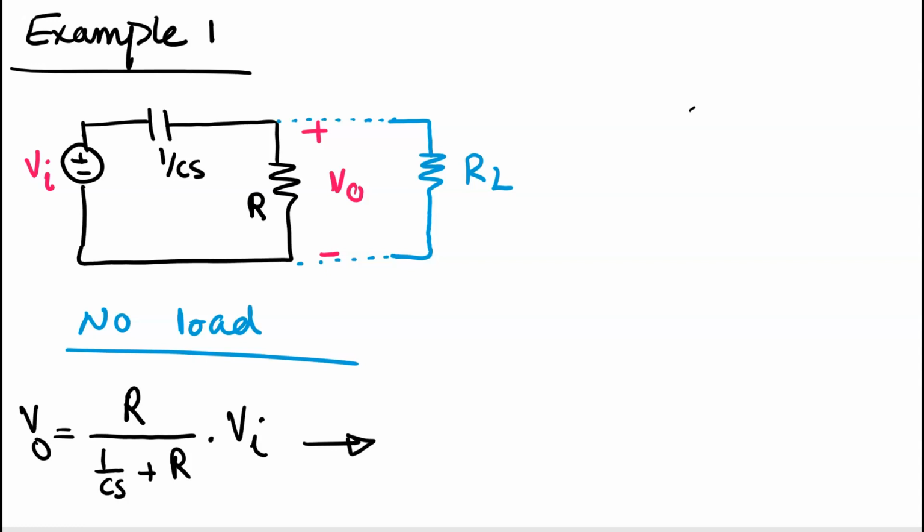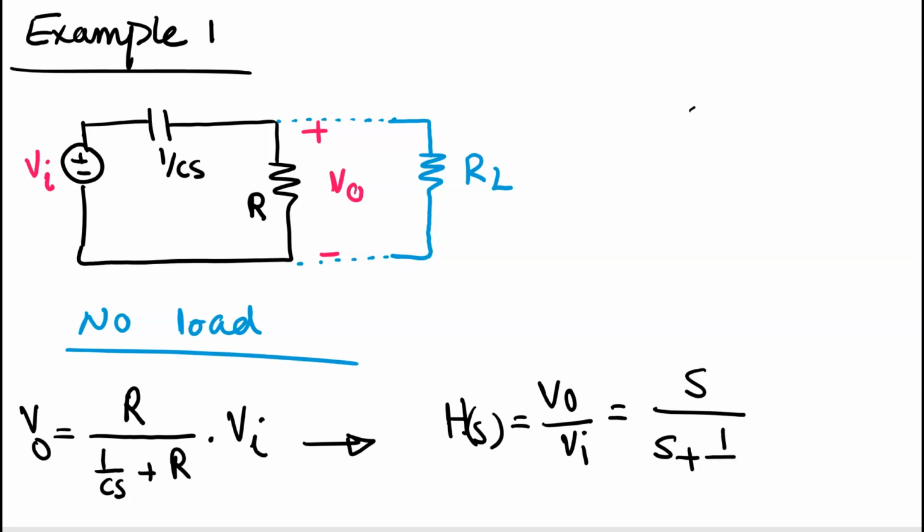So if you rearrange and simplify everything, you're going to have H of S, which is VO over VI, as S over S plus 1 over RC.